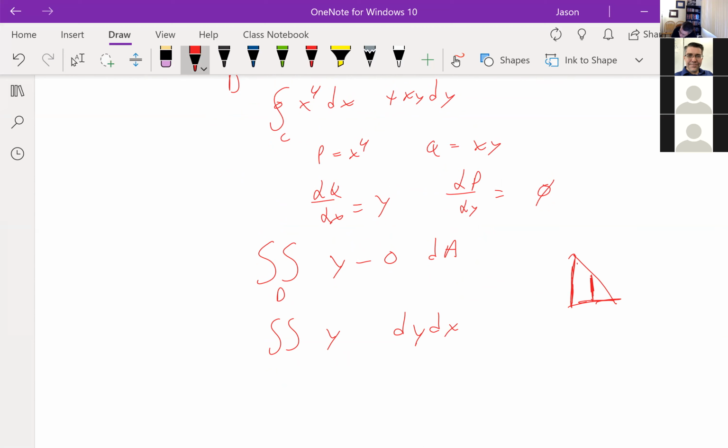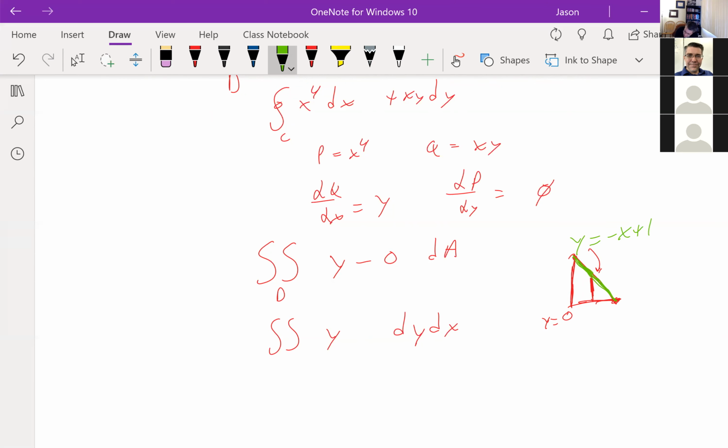Well, y is going from y equals 0 to y equals this line here. What's the equation of that line? It has a y-intercept of 1 and a slope of -1, right? So y equals negative x plus 1.